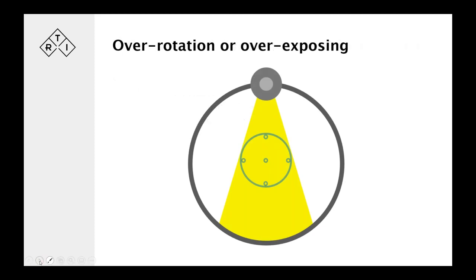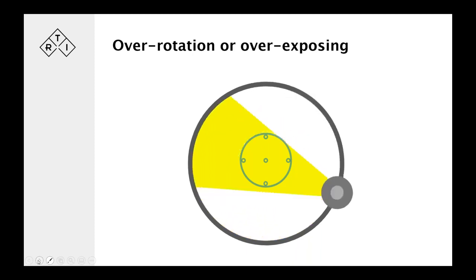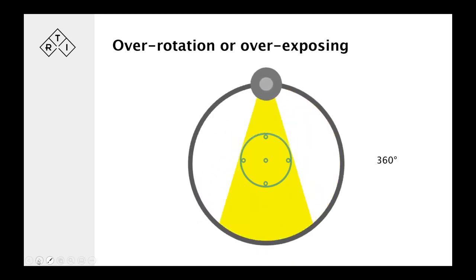And what we mean with over rotation is something like this. We have the tube beam here in yellow, the phantom in the middle of the gantry, and we rotate it. And this is the way we're hoping to have one axial scan. It's 360 degrees.